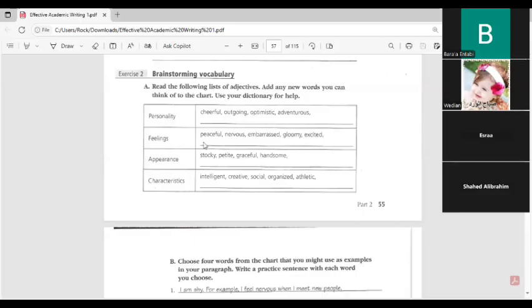To describe feelings, for example, I can say peaceful, nervous, embarrassed, gloomy, which is like sad, and excited. To describe appearance, those can help you.